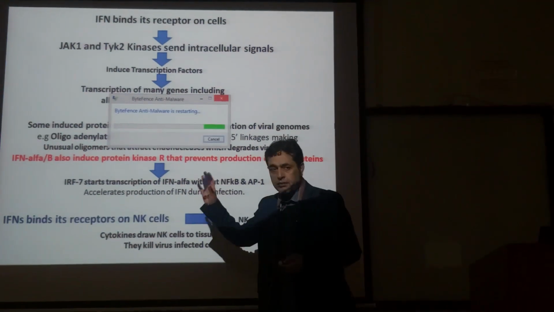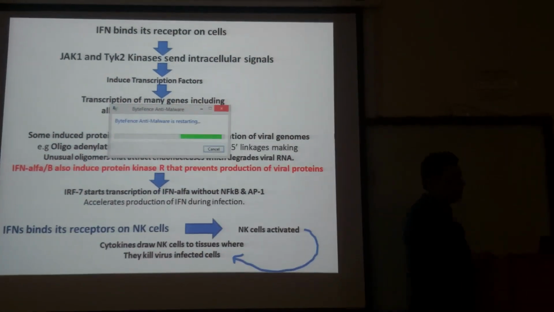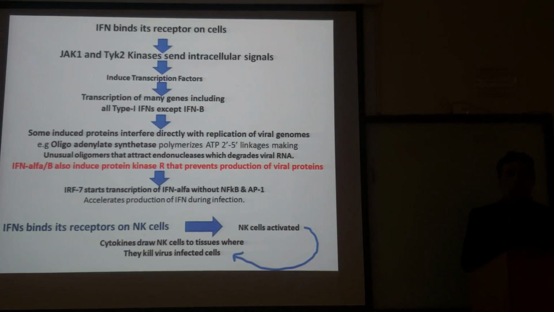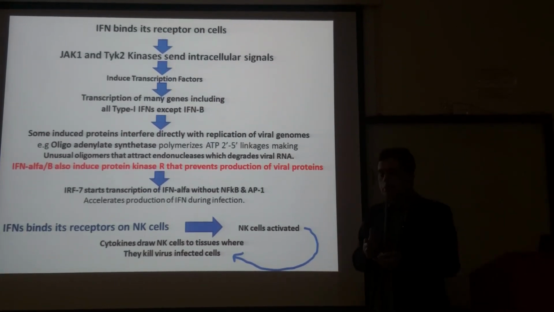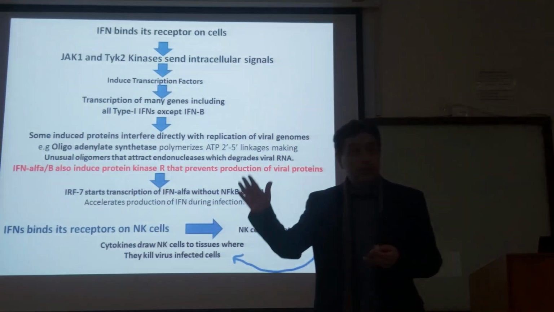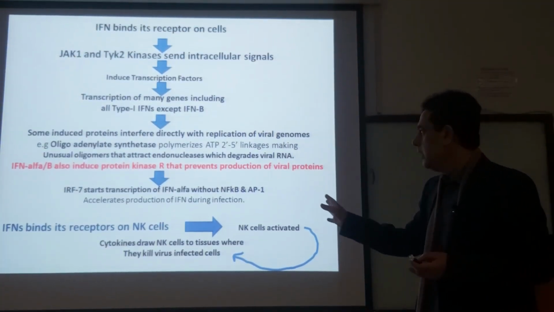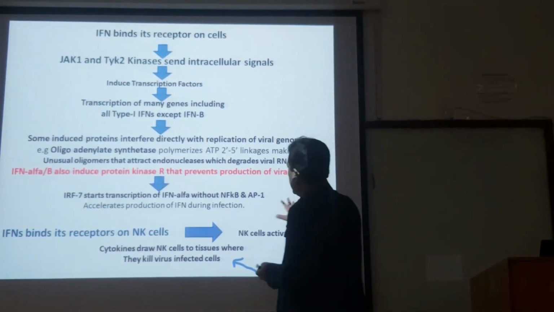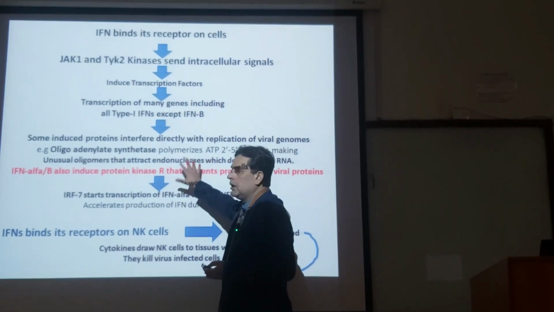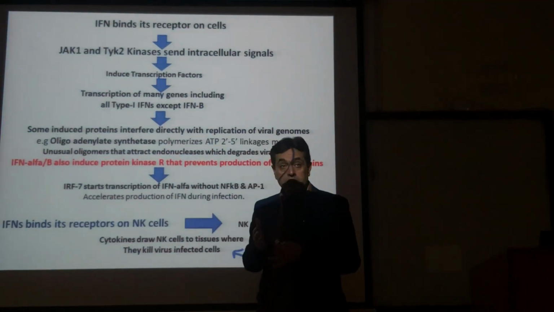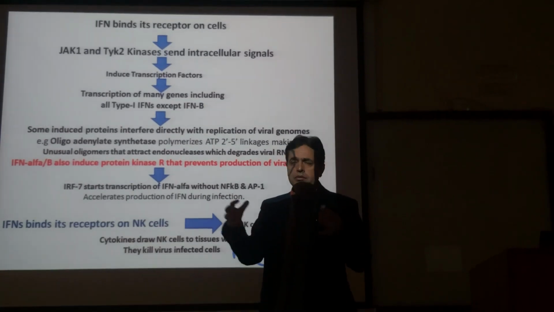And that can be done by stopping the process of replication or stopping the process of transcription of the genes of this particular virus that has entered the cell, or by stopping peptide production, translation, or assembly of the particles.